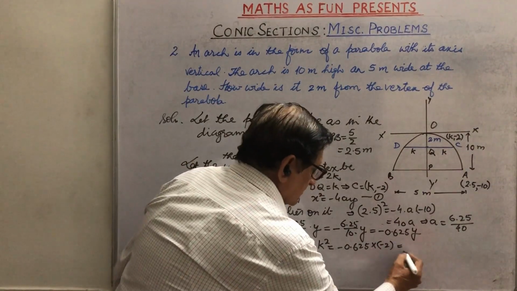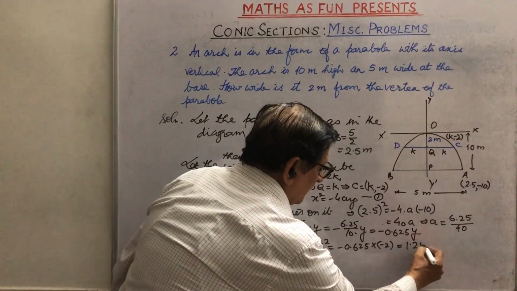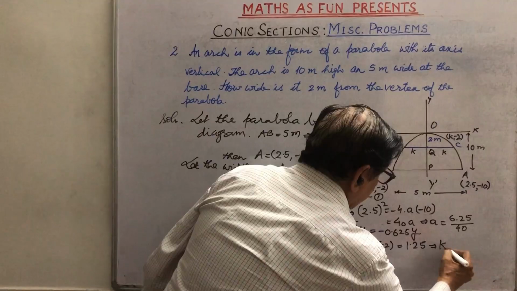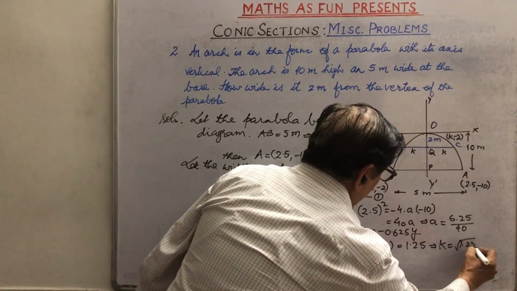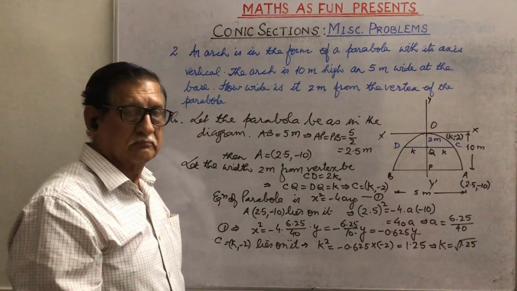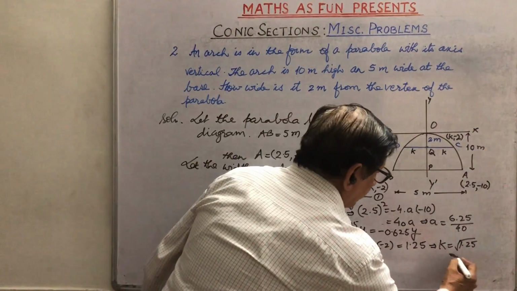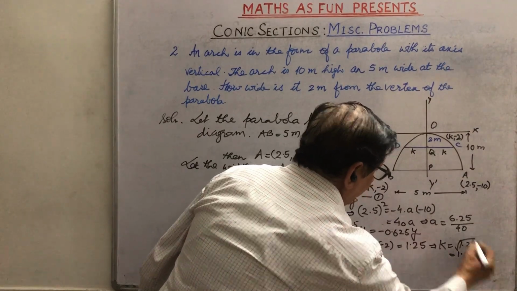This comes as 1.25. It means we can say that k is equal to root of 1.25, which can be taken approximately as 1.115.